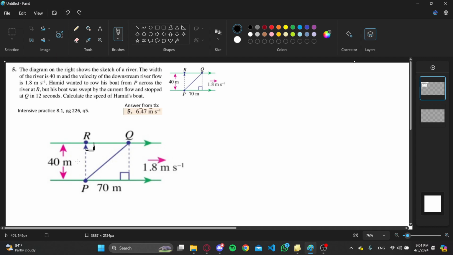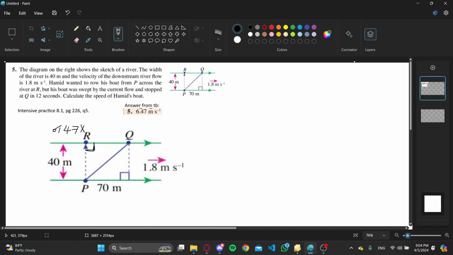So he travels 6.47, forgive my handwriting, I'm using a mouse, meters per second for 12 seconds directly upwards, right? 90 degrees to the river flow.